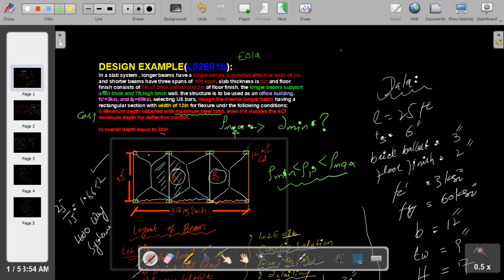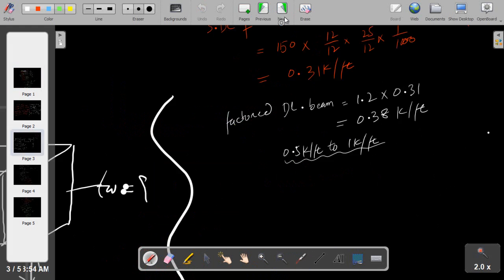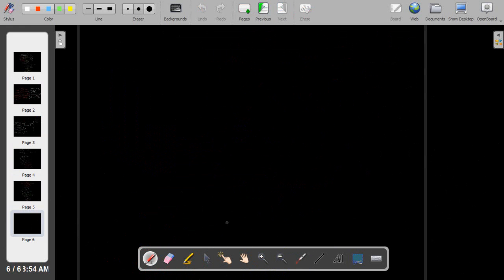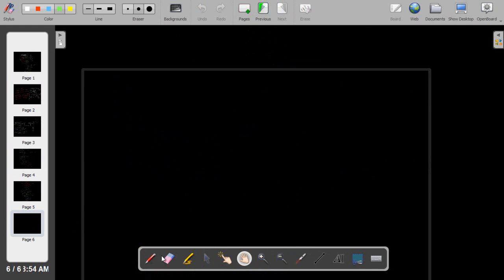We determined that the minimum depth D should be length divided by 16 for a simply supported beam. Here we find D using rho max and don't care about this limitation. So let's do this calculation and find the value of D minimum using rho max.